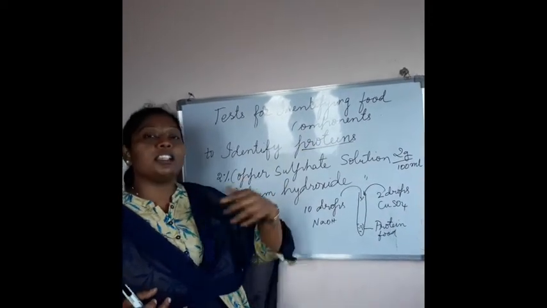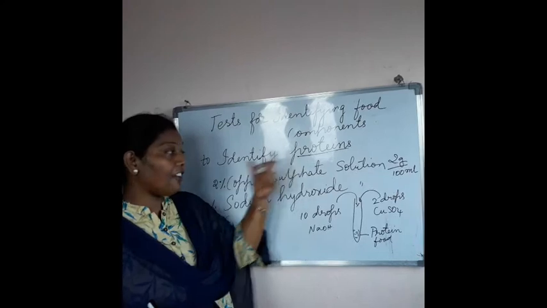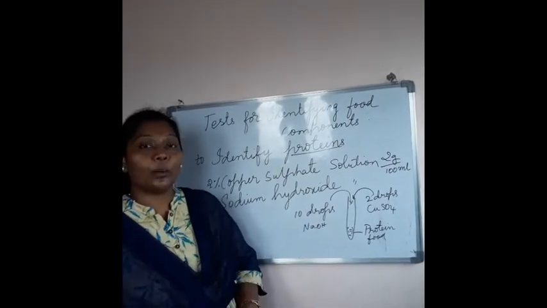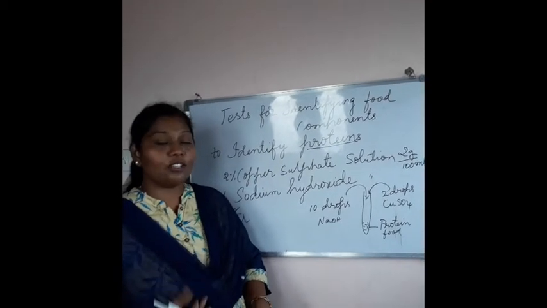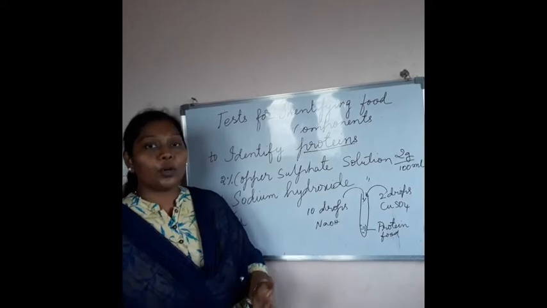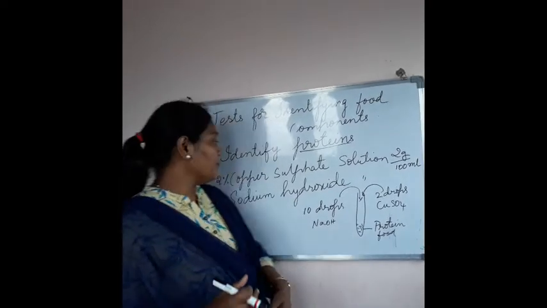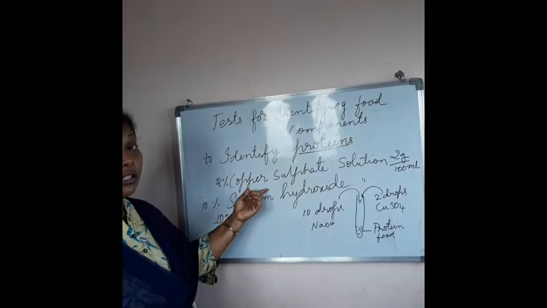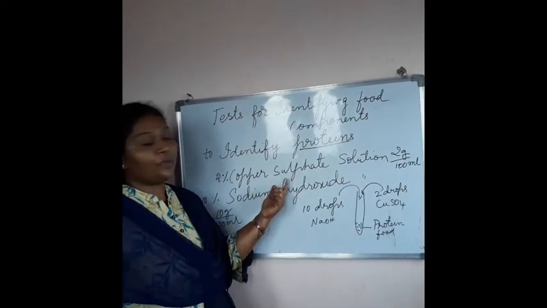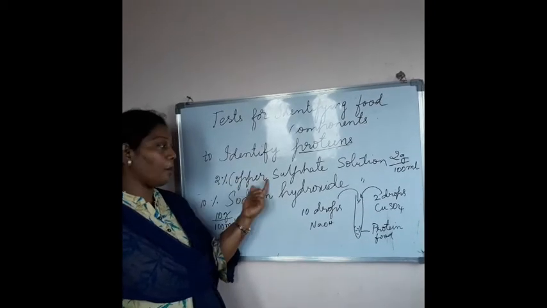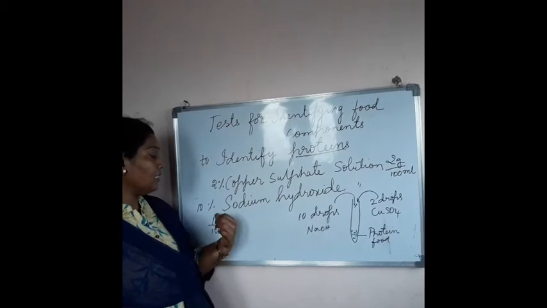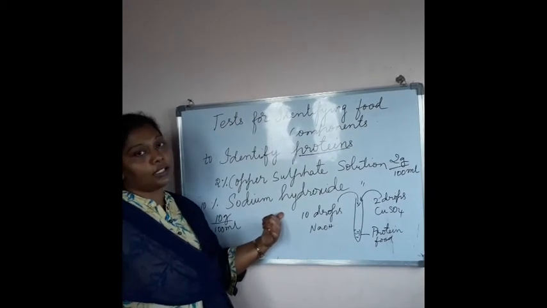To identify these proteins in one's diet, we have a test. To do this test, we need two solutions. Now let us see what the solutions are and in what way we are going to identify the proteins. Here the two important solutions are 2% copper sulfate solution and the second one is 10% sodium hydroxide.